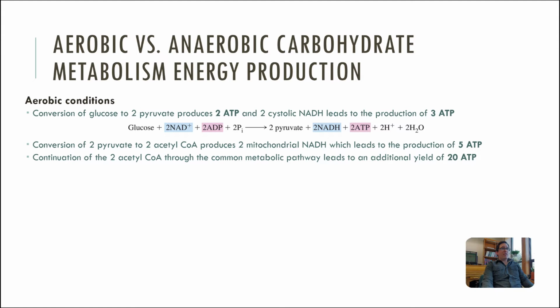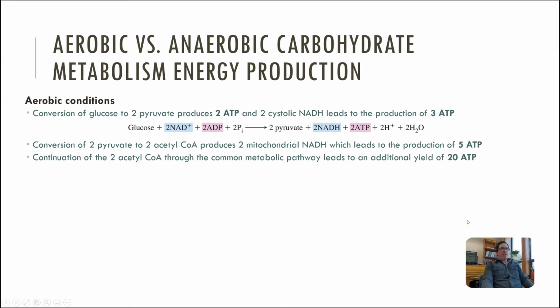All right, so let's look at aerobic versus anaerobic carbohydrate metabolism and how that affects energy. So during, again, aerobic conditions, while we're breathing air, not exercising vigorously, the conversion of glucose to 2 pyruvates produces 2 ATPs and 2 NADH that's produced in the cytosol, which then leads to the production of 3 ATP.